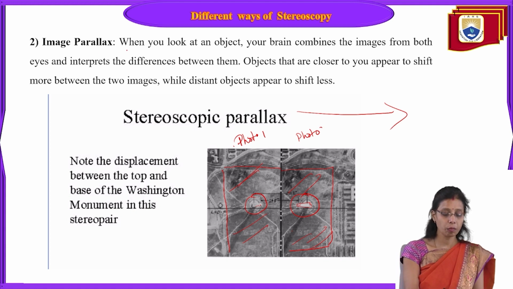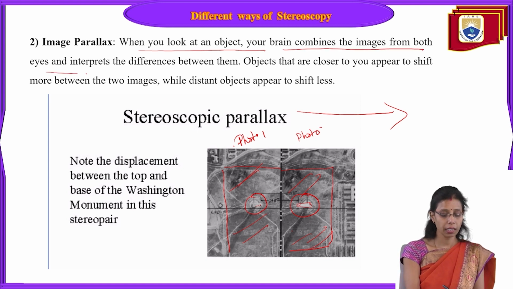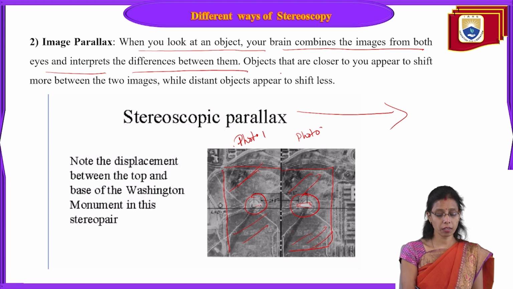So what is parallax? Image parallax: when you look at an object, your brain combines the images from both eyes and interprets the differences between them.